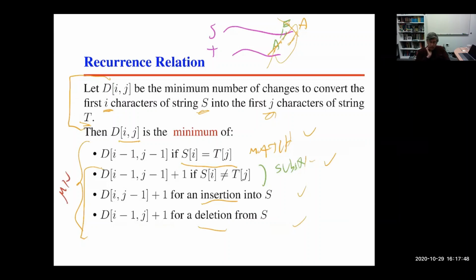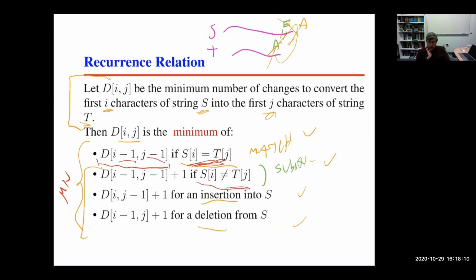If the last character of each string is the same, I could match them and pay a cost of what it takes to edit the first i minus 1 characters of S into the first j minus 1 characters of T. That's one choice.